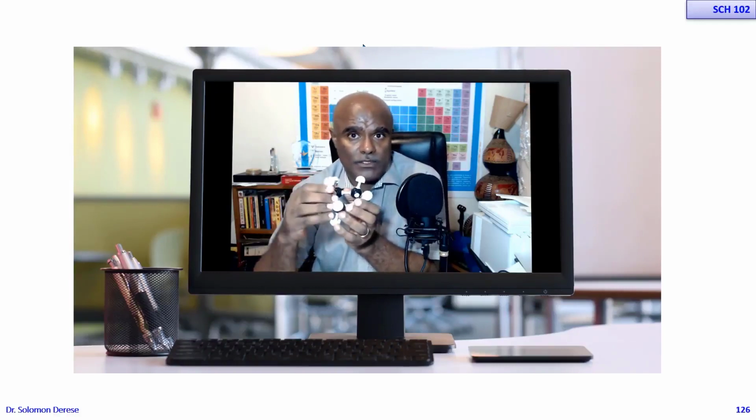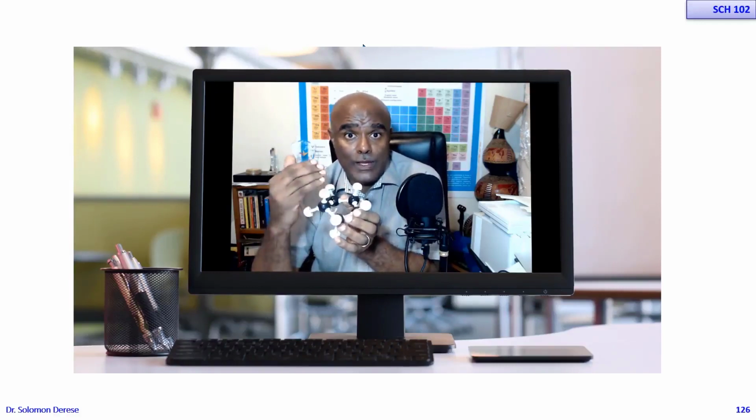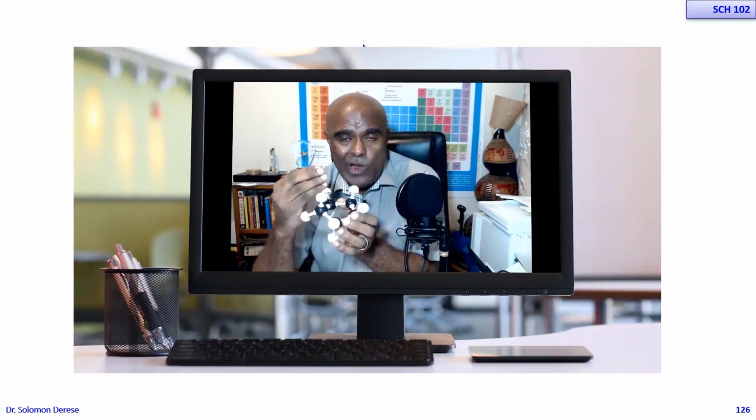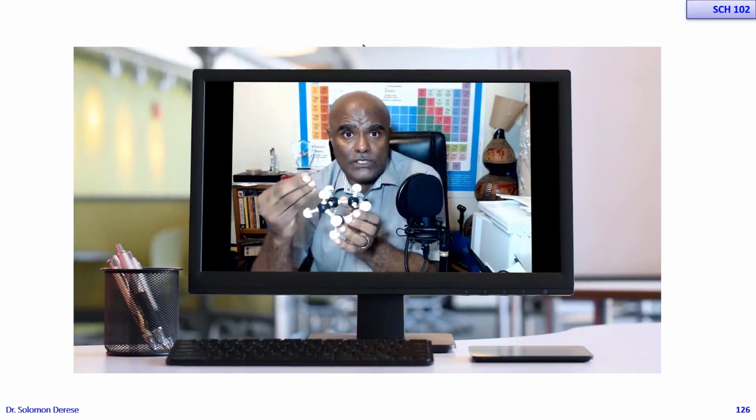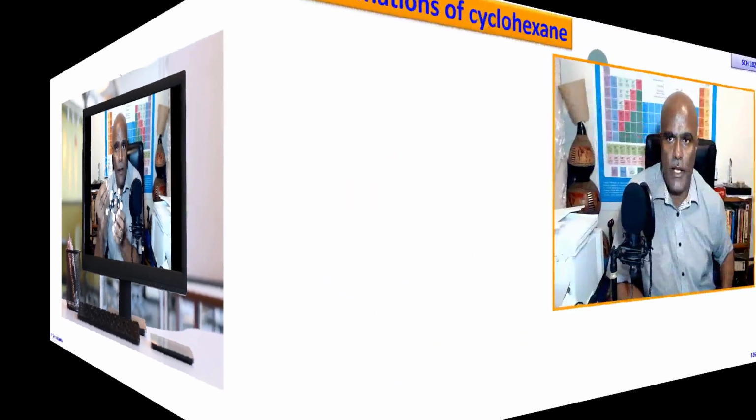That's why it is the most stable. Now we'll see the conformations of cyclohexane and see the reason why cyclohexane is the most stable ring.